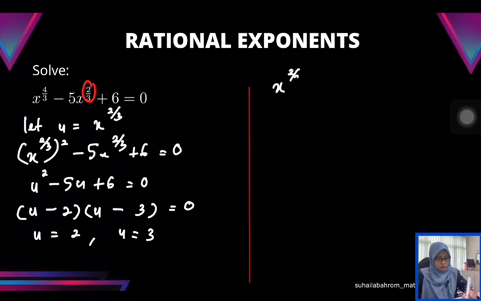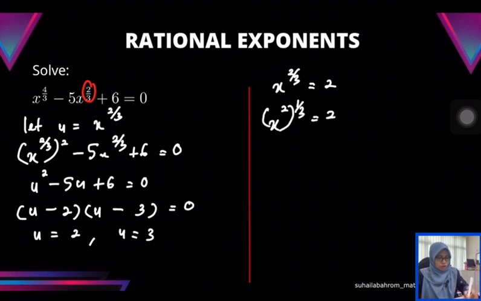x power of 2 over 3 is equivalent to 2. Therefore, x power of 2, so power of 1 over 3, let's say we put it like this first, is equivalent to 2. So power of 1 over 3, when you move to the other side, you will get power of 3.